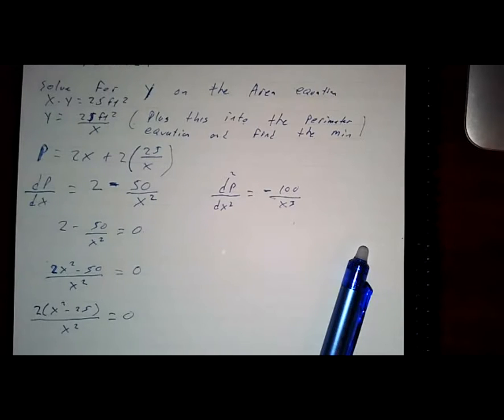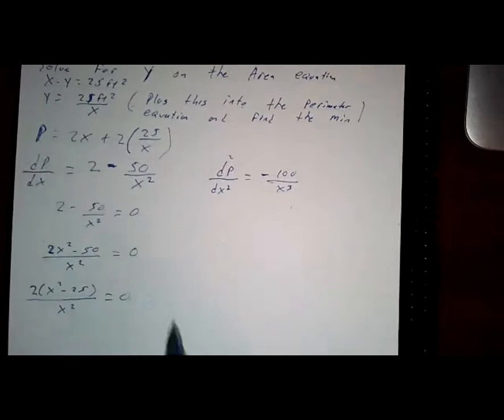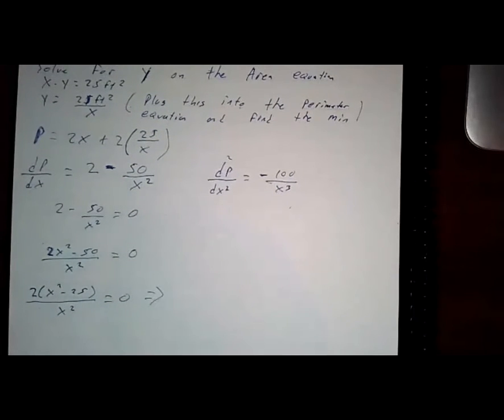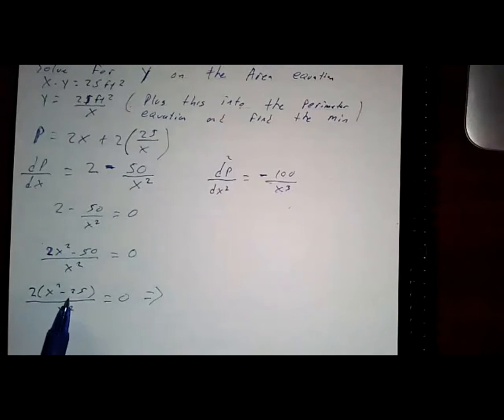Okay. So what are the critical values? Can you tell by looking at it? What makes the top part 0?